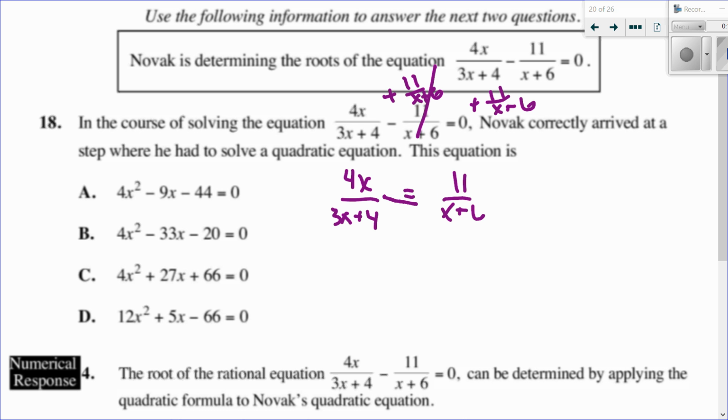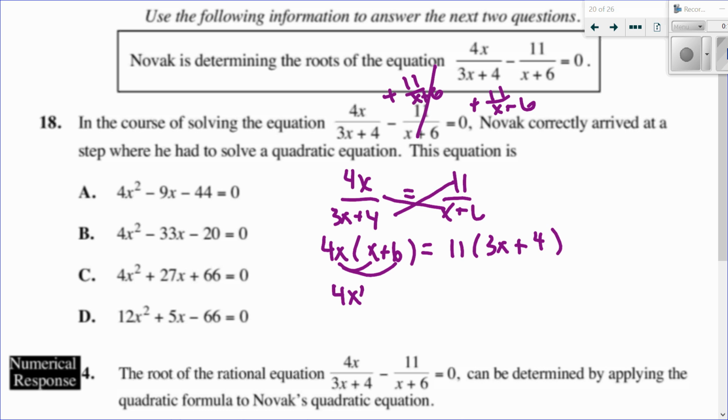So let's do that. We've got criss, 4x times x plus 6 equals cross, 11 times 3x plus 4. So distributive property, I have 4x squared plus 24x equals, distributive property, 33x plus 44.